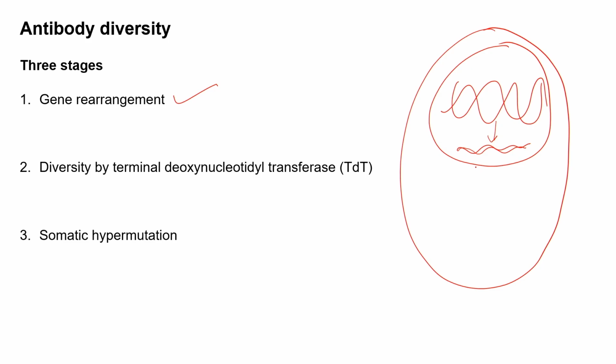What do I mean by that is, suppose this is a pre-mRNA. The pre-mRNA might have regions called exon 1, then intron 1, then we could have exon 2, then intron 2, like that.